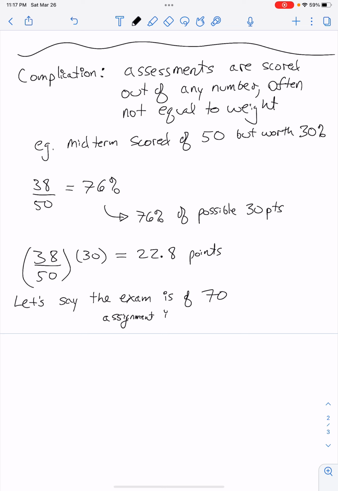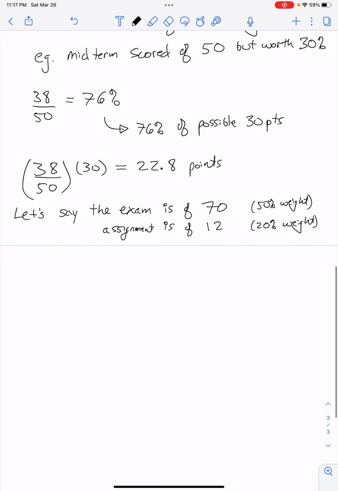So the assignment is out of 12. But of course, this is weighted 50% weight. The assignment, I think it was at 20% weight. So we've got to modify ourselves just a little bit in our original equation.